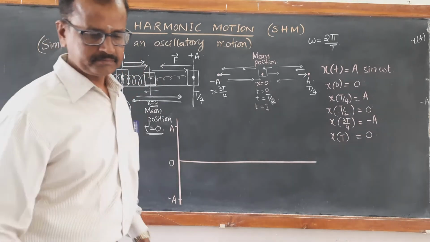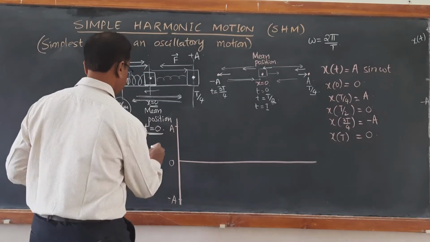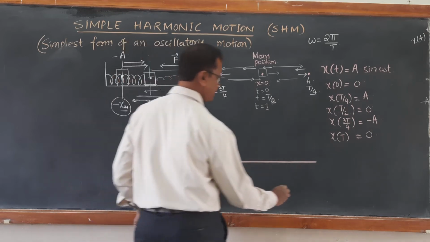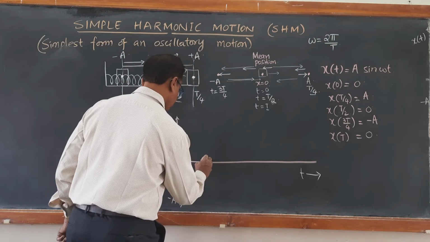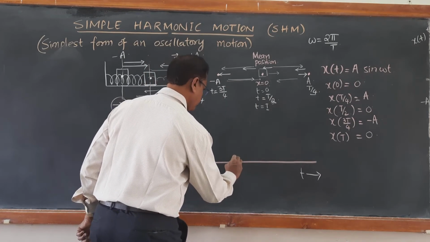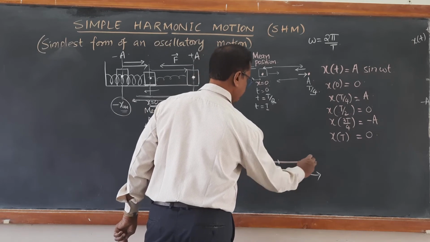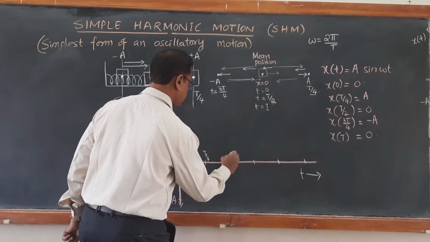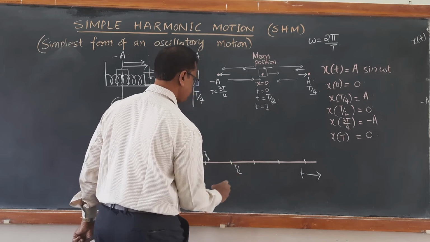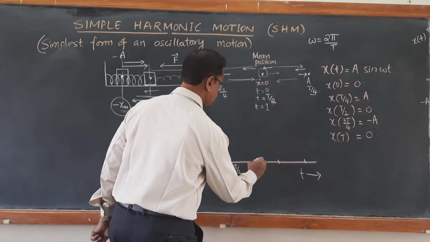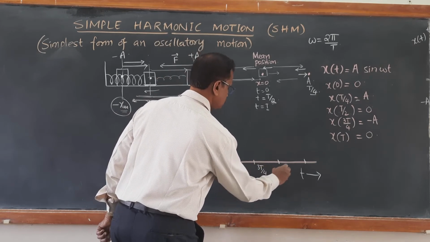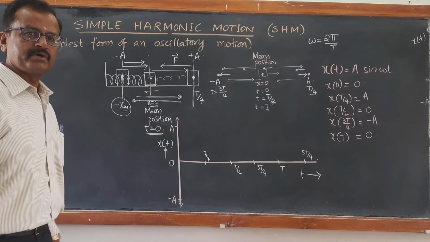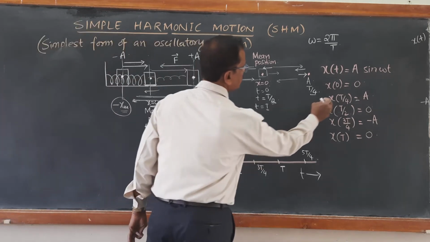If you draw a graph by taking x as a function of t along the y-axis and time t along the x-axis, and take the intervals T/4, T/2, 3T/4, full T, and 5T/4, you will get a sinusoidal curve.